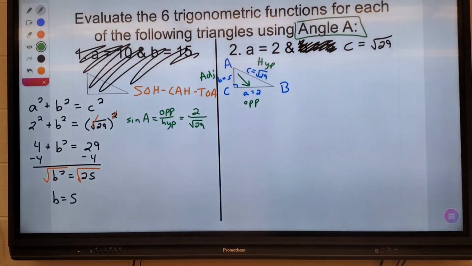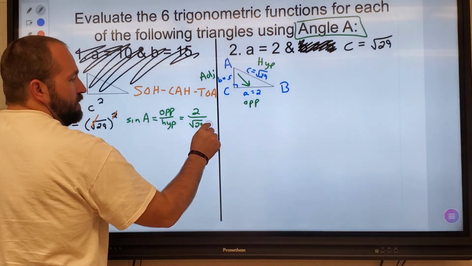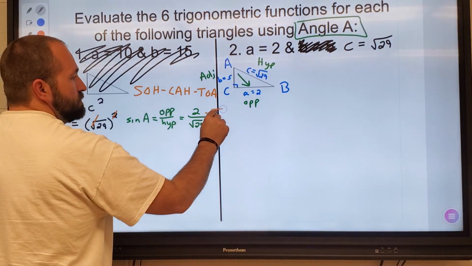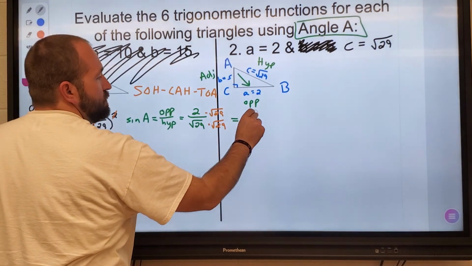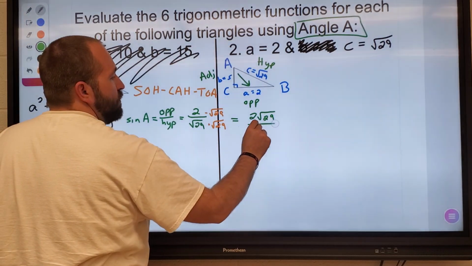So I need to go ahead and start right away here. I'm going to multiply the top and the bottom to rationalize by the square root of 29. Which gives me 2 square root of 29 over 29.